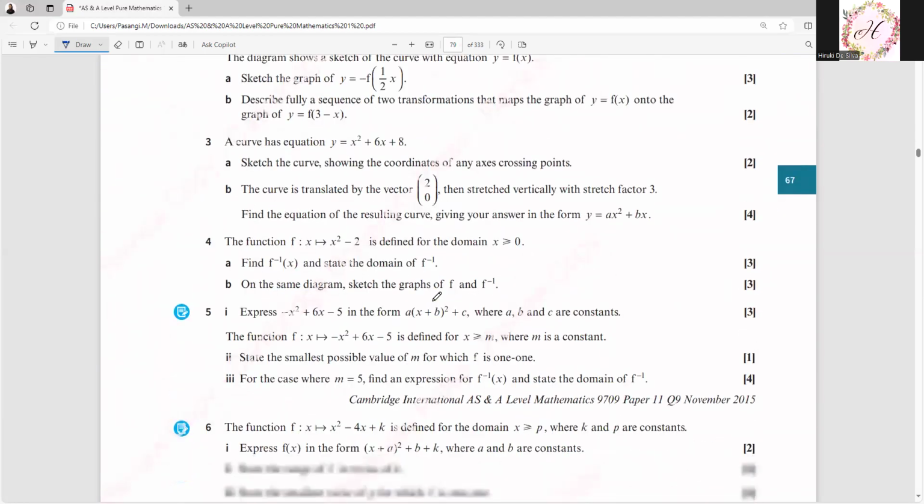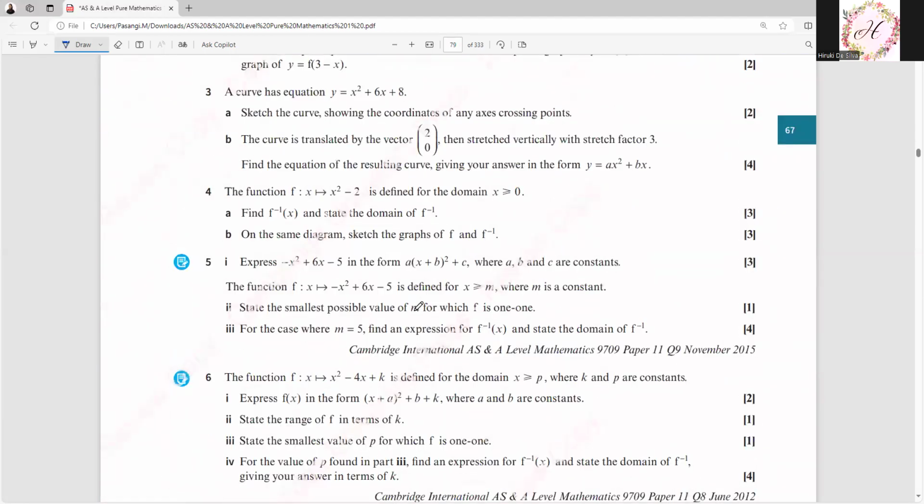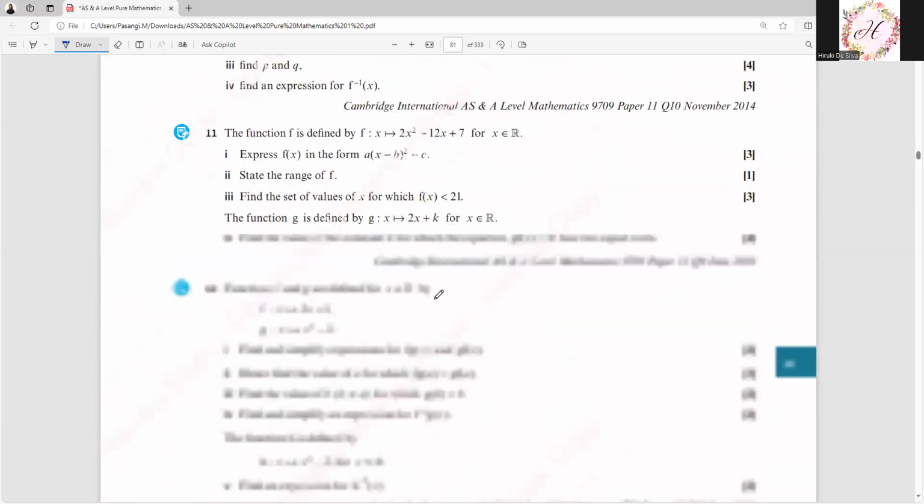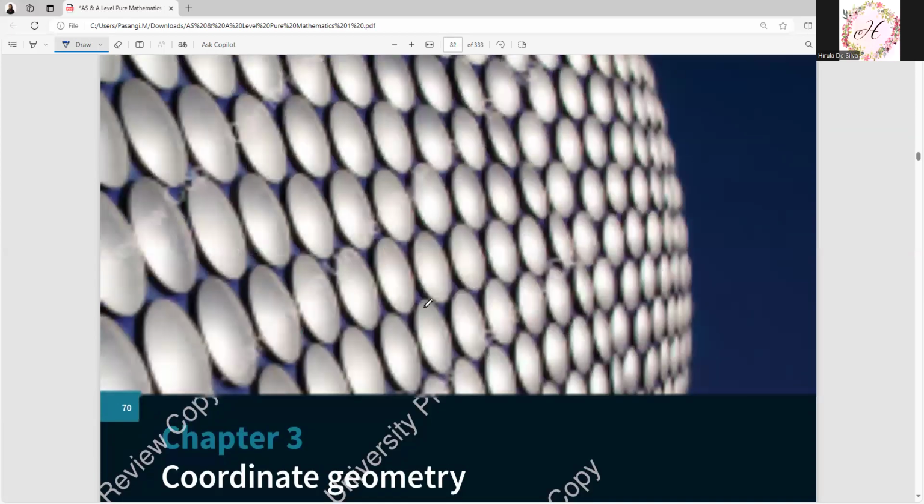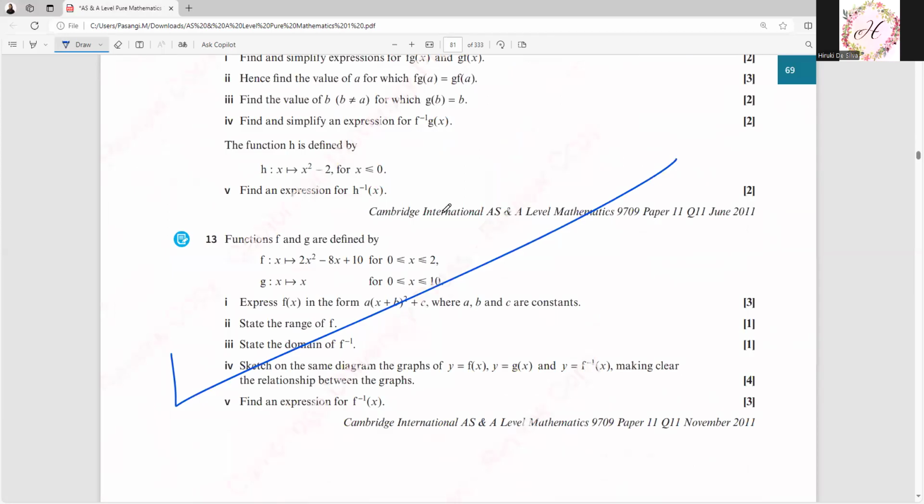Okay, that's all for the complete second chapter as well. We are done with the second chapter. Is it clear for you what we have done so far? Yes, teacher. The second chapter is also done.